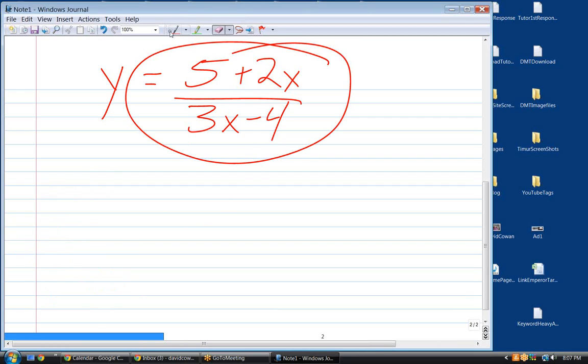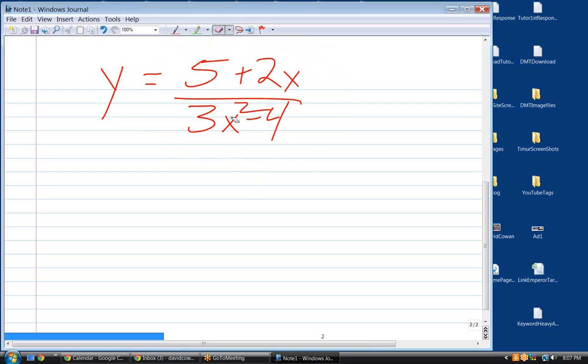In fact, if I make this x squared and this x squared, the horizontal asymptote is still 2/3. But if I make this x and this x squared, in other words, if I make the highest degree in the denominator, the horizontal asymptote is always y equals 0. So there's two situations.